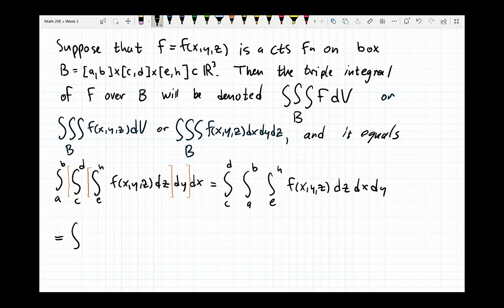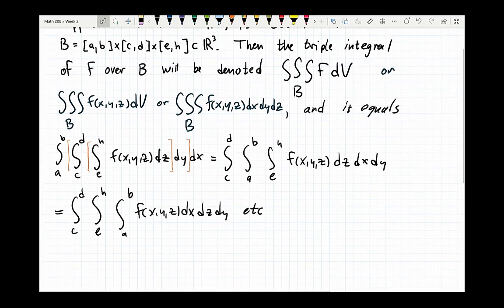Or how about, let's switch the role of, how about z and x? So it could have gone c to d, e to h, a to b of f(x, y, z). So that was dx, dz, dy, etc. There's 6 total ways, or orders, rather, that I could write this. I'm not going to write all 6.